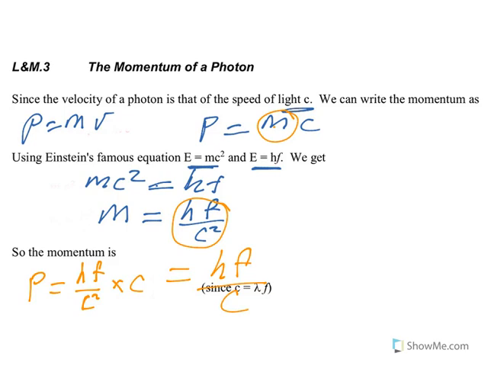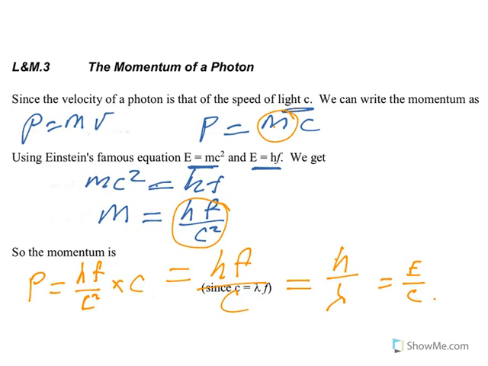Now, if we rearrange a few other things, because c is lambda f, and so we put lambda f on the bottom, then the f's cancel, and it's h over lambda, and of course it would also be the energy over c as well.